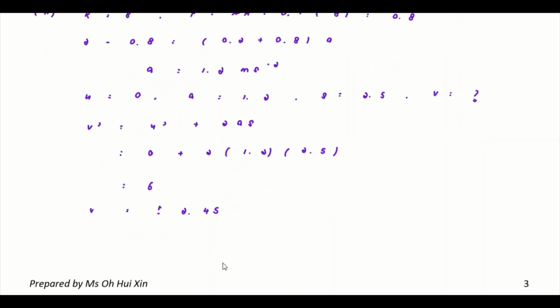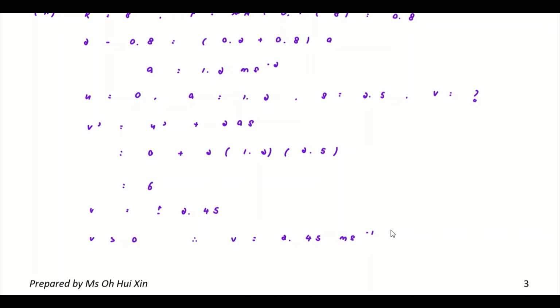When we solve for V, it's positive or negative, but the direction of the motion is moving down, so the velocity should be positive. So V is positive 2.45 meters per second. Okay, so that's it for number 2. I think this is easy as well.